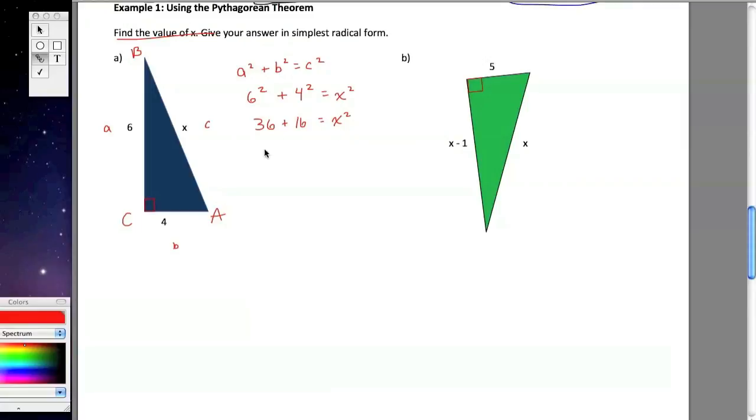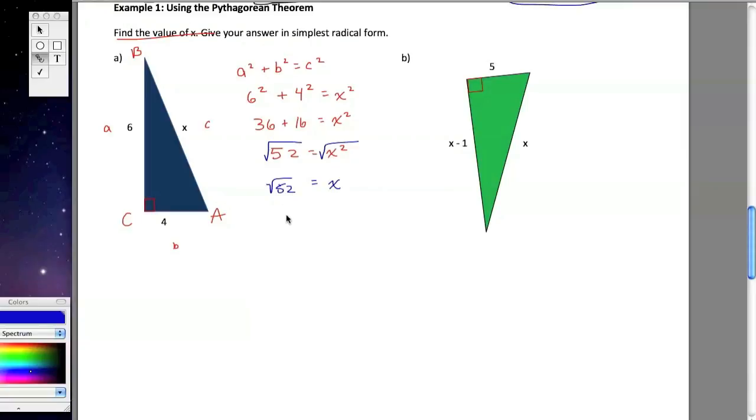All right. And so I add those two things. I get 52 is equal to x squared. But I don't want x squared. I want x. And so what I'm going to do is I'll take the square root of both sides. So I'm left with x is equal to the square root of 52.